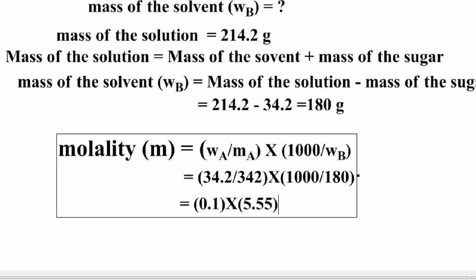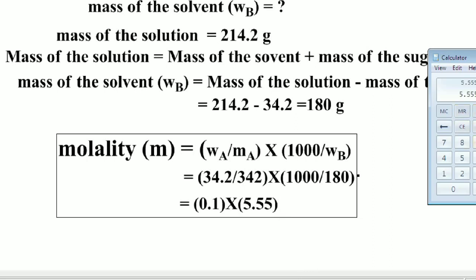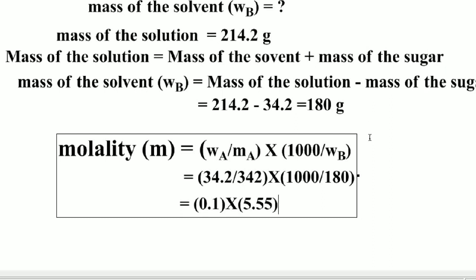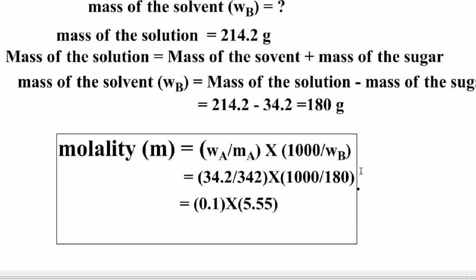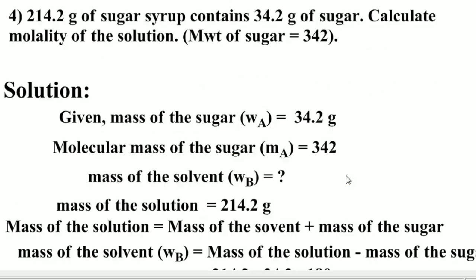So 5.55 into 0.1 is equal to 0.555. 0.555 is the molality of the solution.